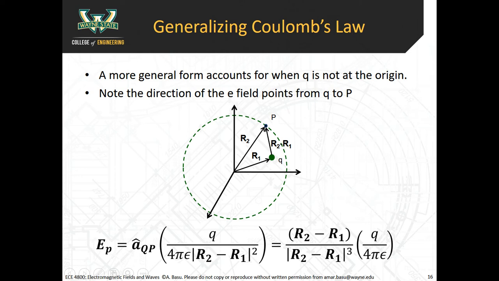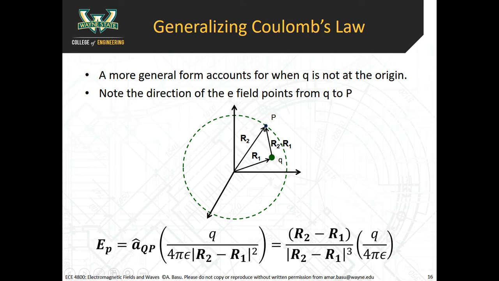So this AQP, this vector here, is the unit vector of R2 minus R1. How do you calculate the unit vector of R2 minus R1? You just take R2 minus R1 and divide by the magnitude. So AQP is equal to R2 minus R1 divided by the magnitude of R2 minus R1.